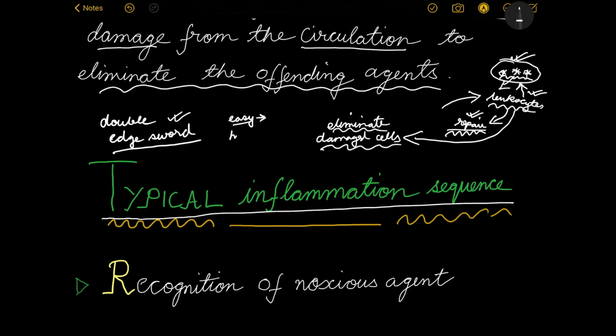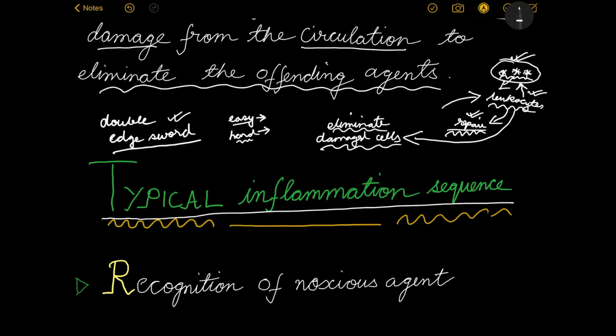But if it is very hard to get rid of, then inflammation will persist, and it will be very derogatory for the host tissues. Then the damage to the host might outweigh the beneficial effect of inflammation, and inflammation might become damaging and not helpful.